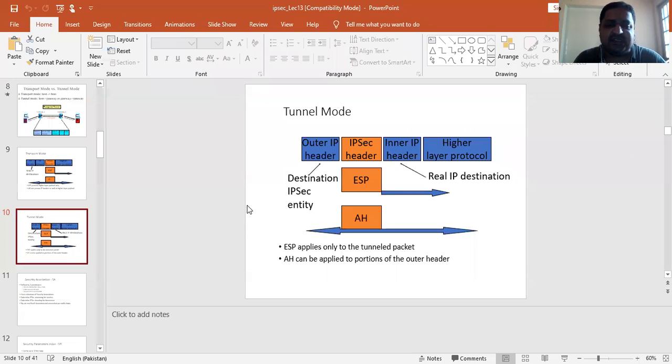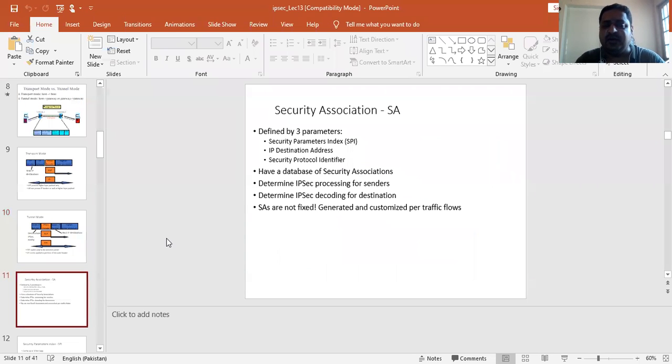But as far as the transport mode is concerned, we need to provide the security at that mode, because we are sending the data from host to host, and there's another network involved to send the data to other hosts. So in this way, we have different parameters used for that.